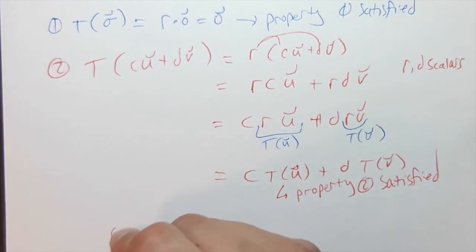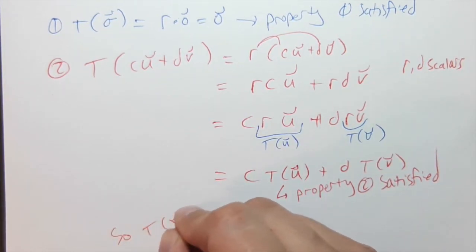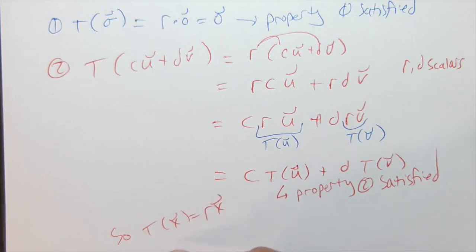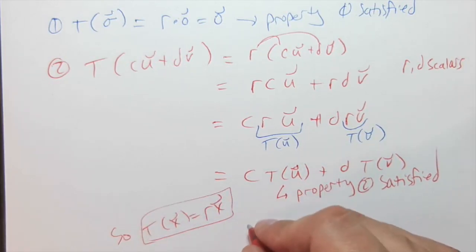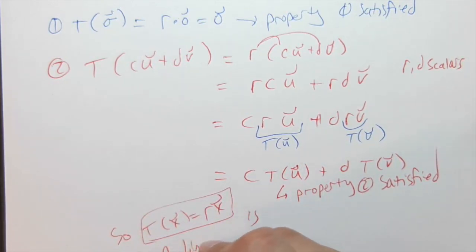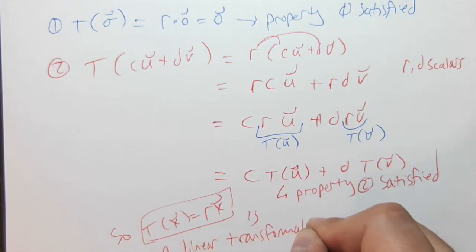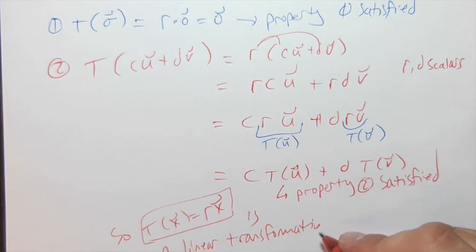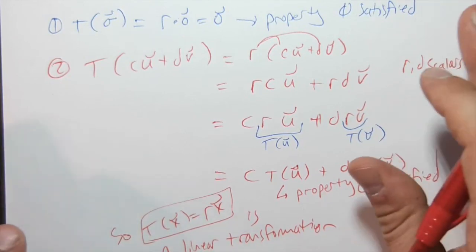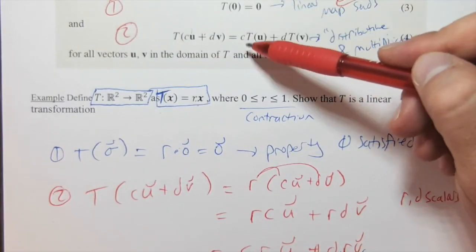In other words, this transformation from the last page is a linear transformation. I know that didn't make sense. What I meant to say is the transformation we were looking at on the last page, which I had originally claimed was a linear transformation, we've just proved is a linear transformation by showing it satisfied the two properties here.